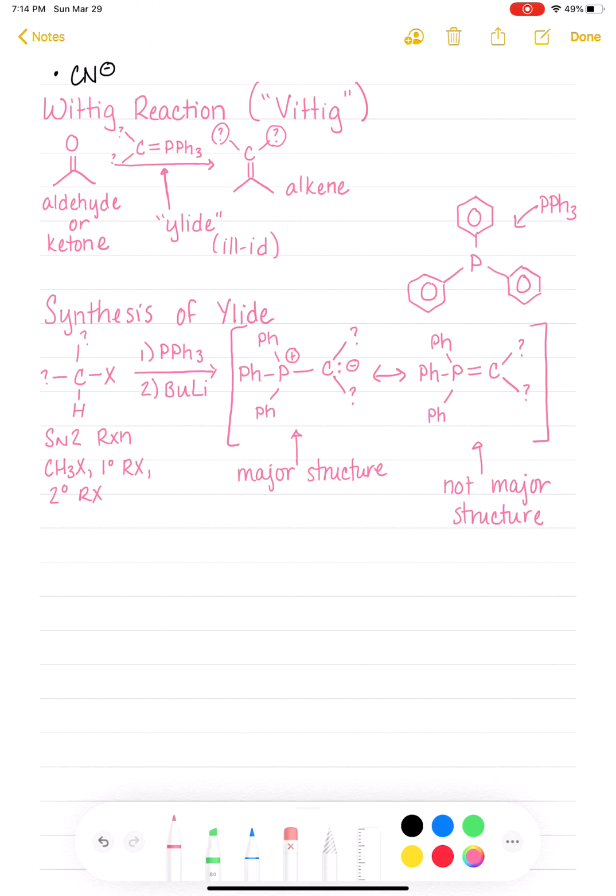However, a lot of people, myself included, prefer to draw the carbon-phosphorus double bond structure of the ylide because it helps us visualize the Wittig reaction. So this is a good visual tool for predicting the products.